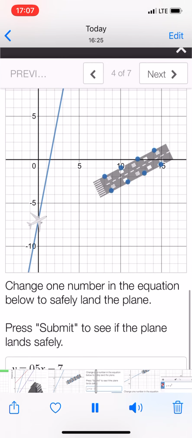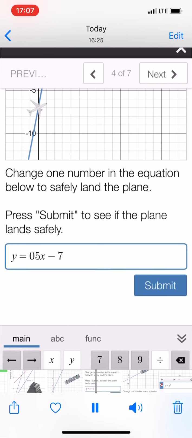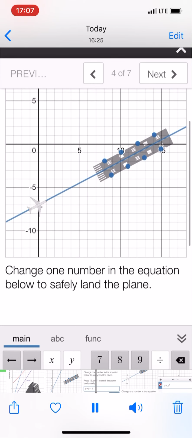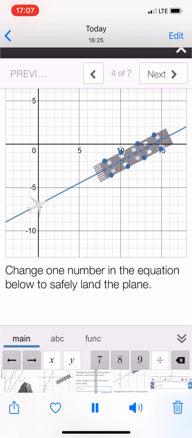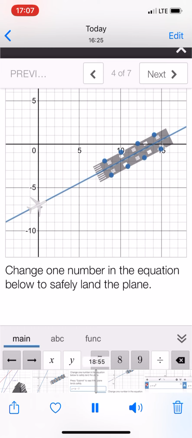Y equals 1/2 x minus 7. That might work. Let's give it a try. Okay, so now we have an equation for a line that will send this plane directly to the airport. A dead stick landing. That's what they call that in the aviation industry, right down the middle of the runway. And we have also got every student's progress recorded in that area.